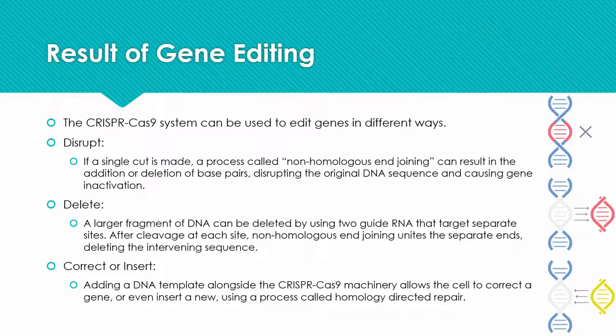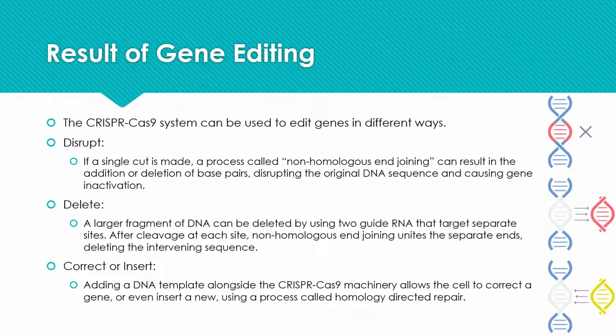It unites these different ends, and it means that you suddenly have removed this sequence of DNA from your original sequence. You've removed this smaller section, and so you've deleted it. This again can be another way to knock out a gene completely by removing it.